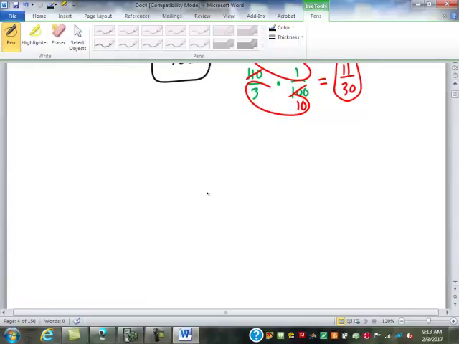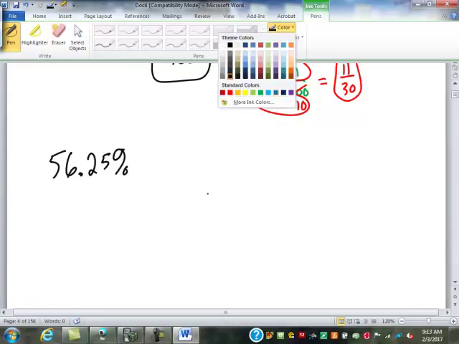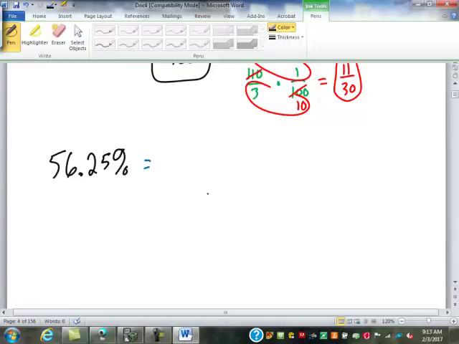We might have 56.25% asked to change it into a fraction. Again, it is always over 100. So 56.25% is 56.25 over 100. Now, I don't like having decimals within my fractions any more than I like having fractions within my fractions.